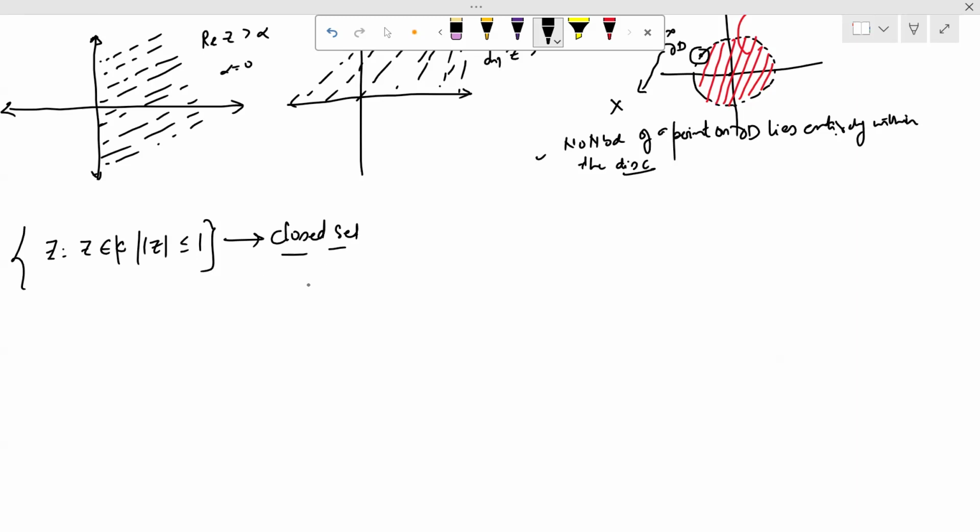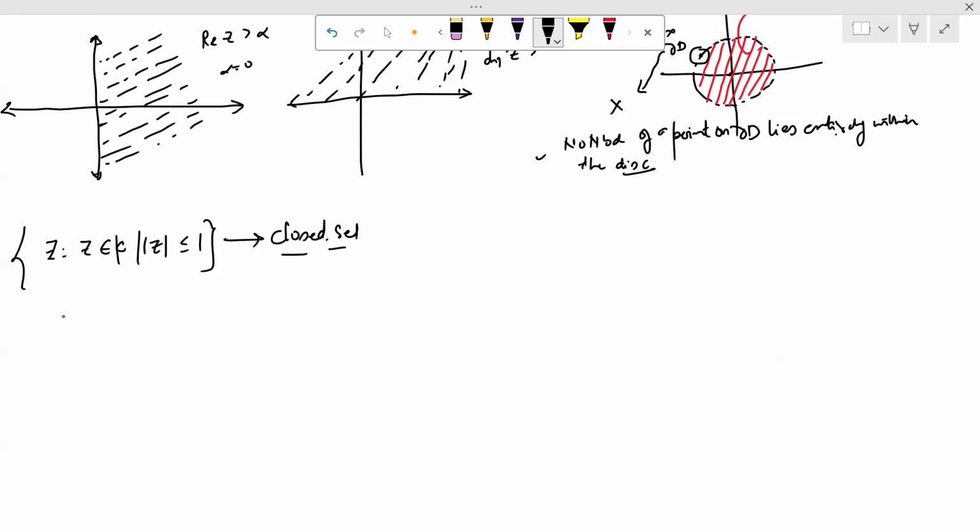There are a few things that one needs to understand and know. I'll write it here so that you get it. Remember the complement of an open set.